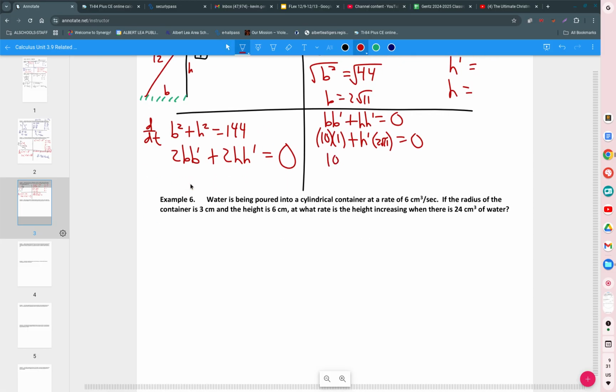And so we have 10 plus 2 roots of 11 times h prime is equal to 0. So h prime is equal to negative 10 over 2 roots of 11. And I'm going to try to get a decimal there, because that's the way I want to do it.